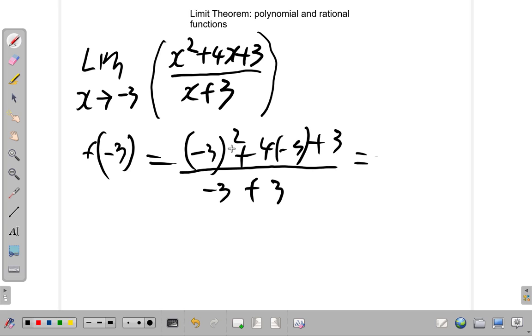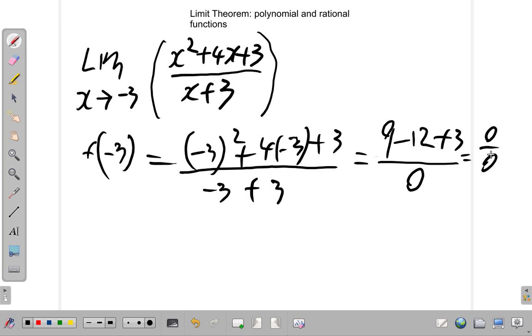So what would happen? You would have negative 3 squared, which is 9, plus 4 by negative 3, negative 12, plus 3, divided by negative 3 plus 3, which is 0. This would finally amount to 9 minus 12. What is 9 minus 12? That's negative 3 plus 3, which is 0 over 0, which is indeterminate.